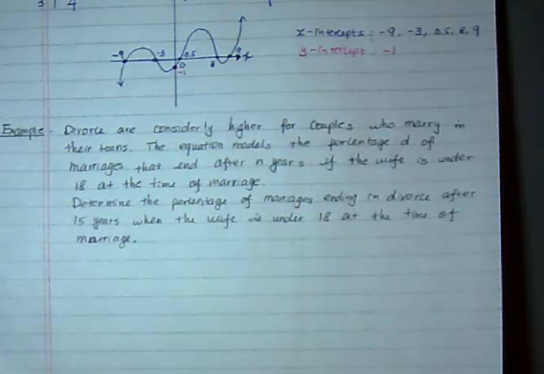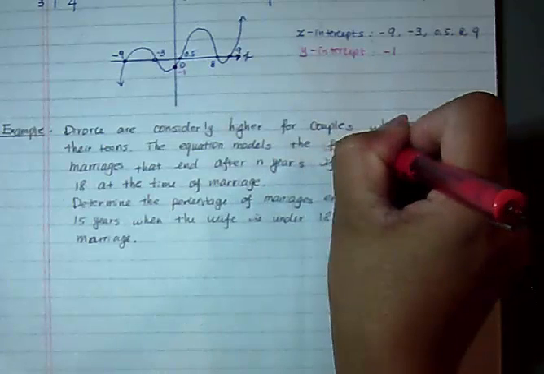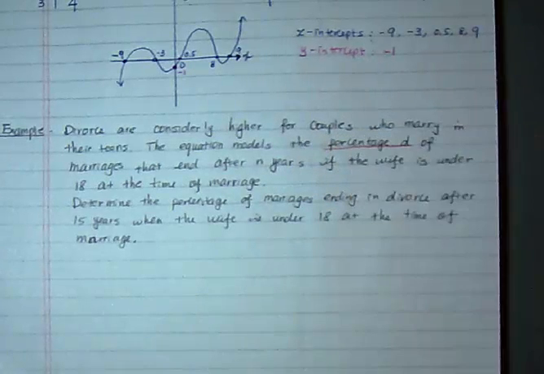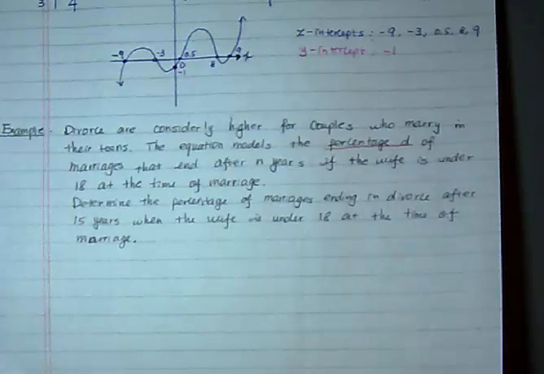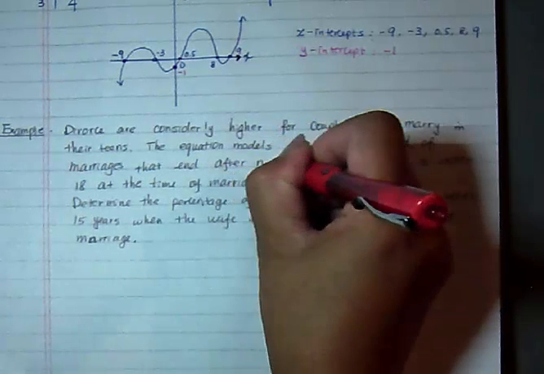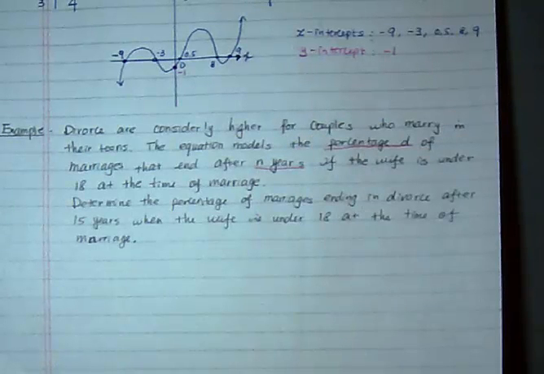That's something I want to highlight or underline. Percentage D. It seems like this variable D is representing the percentage of what? Of marriages that end after n years. Oh, that's another variable, n years. So it seems like n is representing the years if the wife is under 18 at the time of marriage. So the problem is, I did not give you the equation.